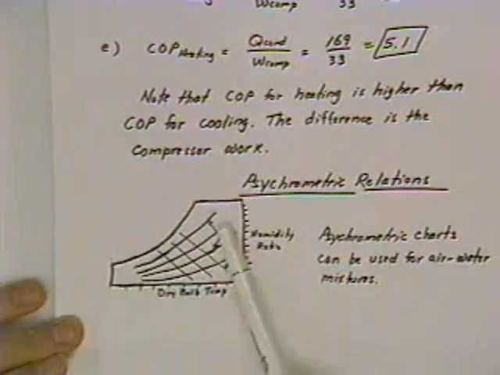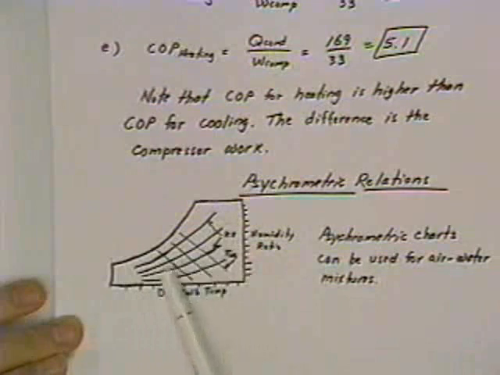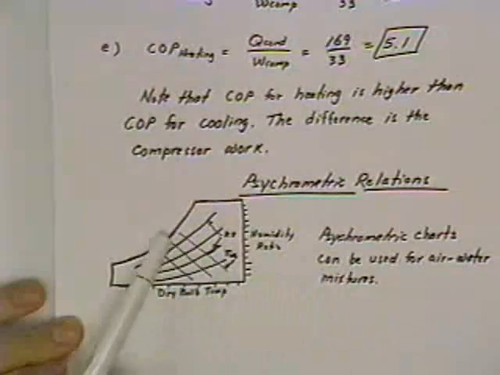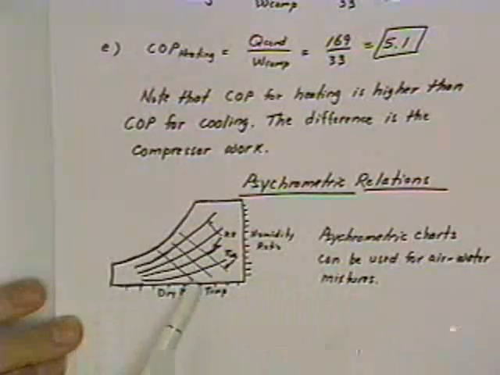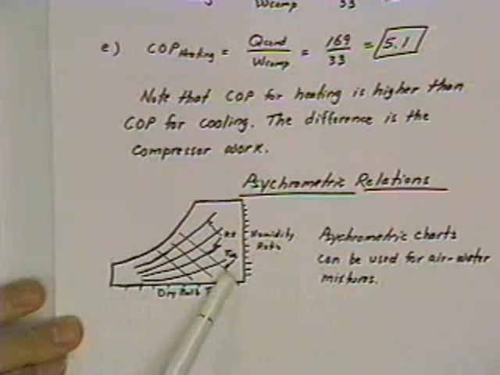Lines of constant relative humidity are running in this direction here. Lines of constant relative humidity are plotted on the chart. Wet bulb temperature is plotted in lines of constant wet bulb temperature that run approximately like this, and the wet bulb temperature corresponds pretty much to the saturation temperature of the air.